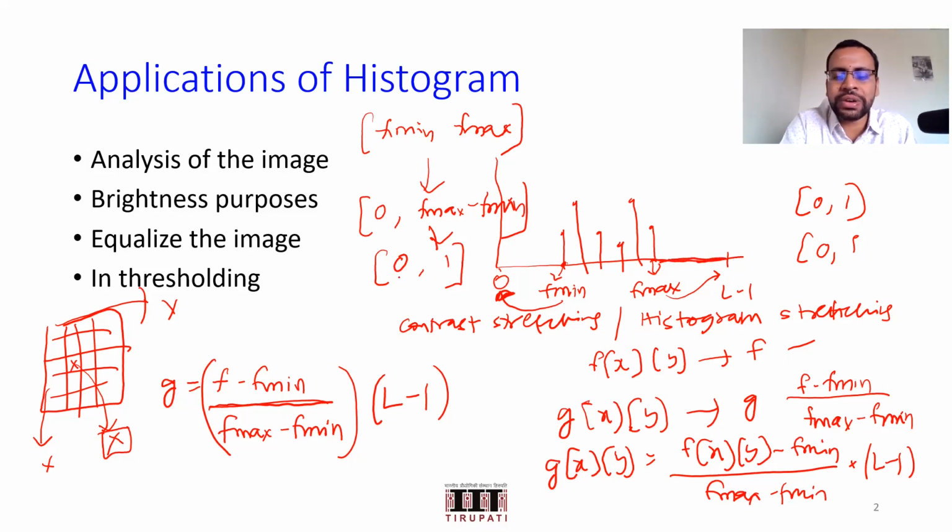So value 0 will obviously be there at 0 with whatever you multiply. But 1 will now go to L minus 1. A fraction, suppose it is 0.9, that will be 0.9 times L minus 1. Of course, when this is a non-integer value, you will round it off to the nearest value.